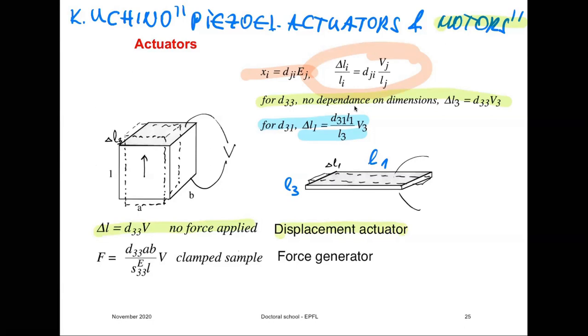If you clamp your actuator completely, then it will exert a force on the object, and then it will act as a force generator, and the formula of that force under ideally clamped conditions is given here.